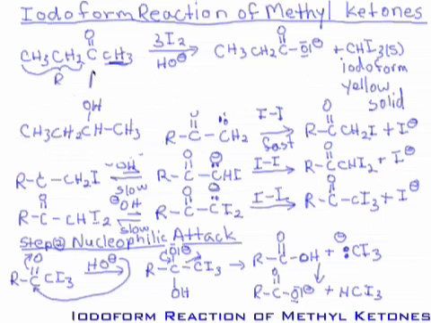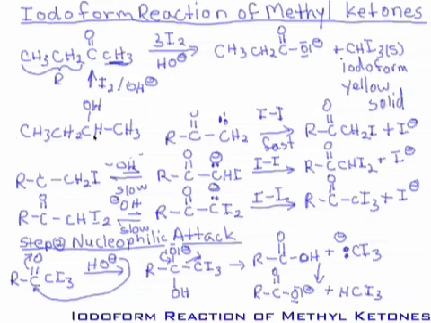Well, it turns out I2 in base can oxidize the alcohol to the ketone. And so you have to be careful. You have to remember, if you get a positive yellow precipitate, while it indicates that there was methyl ketone, that methyl ketone could have been formed from a secondary alcohol. It's just something to keep in mind when you look at this reaction mechanism.